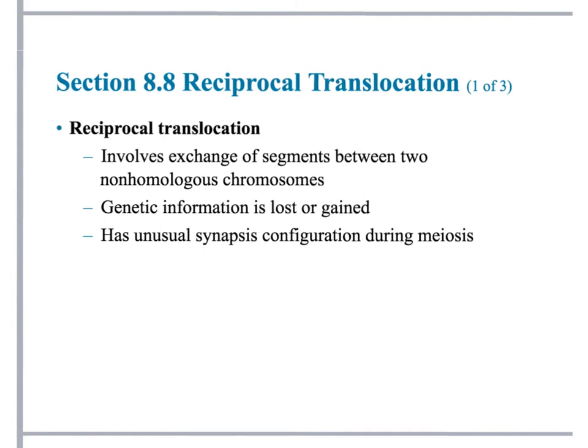So that's pretty much what we were looking at in crossovers. The genetic information can be lost or gained, depending on how reciprocal they are. Like in one case where we saw the 3-to-2 ratio, or the 3 segments to 2 segments, there's a good chance that some genetic information got lost there. Actually, in the one we saw a duplication, so it might have gained some.